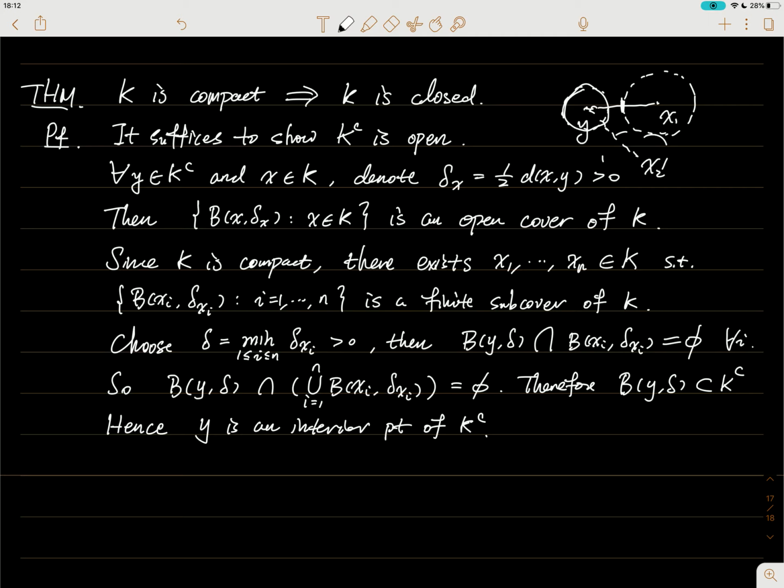And because it doesn't overlap with any of those balls, it will not overlap with the union of those balls. So if we take the intersection of B(y, delta) and the union of these balls, it is still empty. Remember that this is a finite subcover of K, so K is a subset of this union. And B(y, delta) does not overlap with this set.